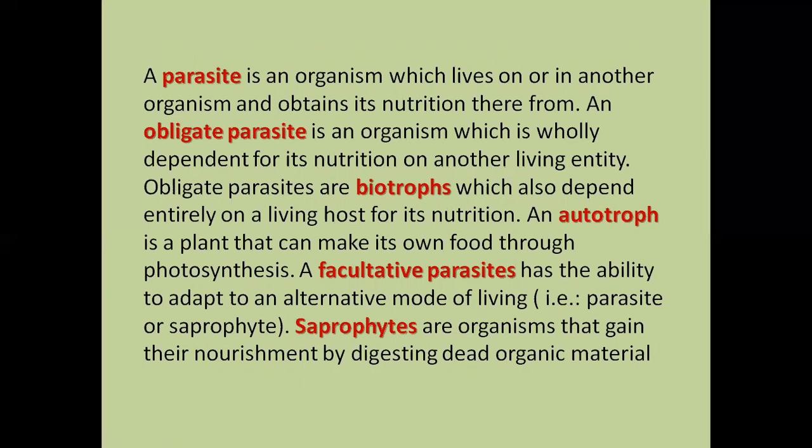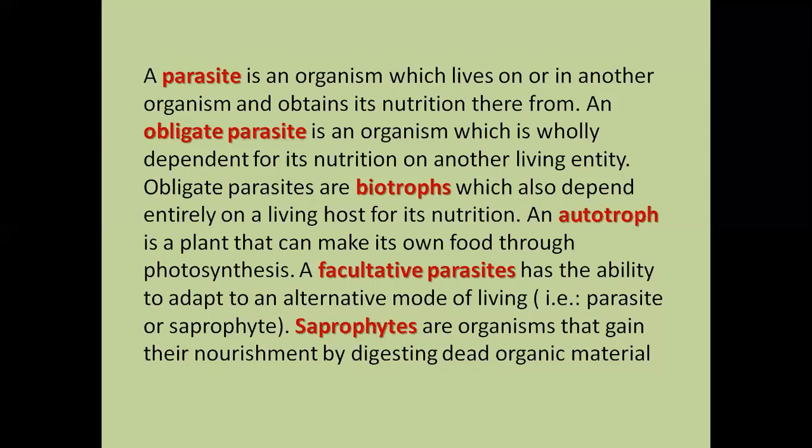A parasite is an organism which lives on or in another organism and obtains its nutrients from there. An obligate parasite is an organism which is wholly dependent for its nutrients on another living entity. Obligate parasites are biotrophs, which also depend entirely on a living host for nutrition.